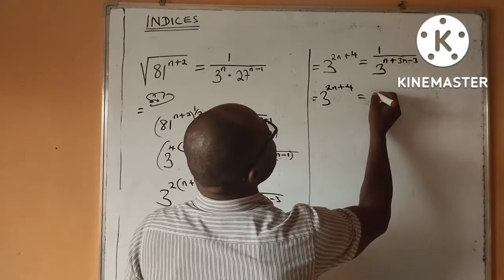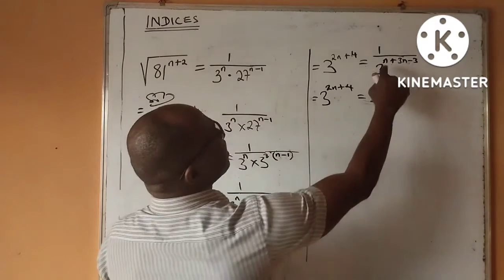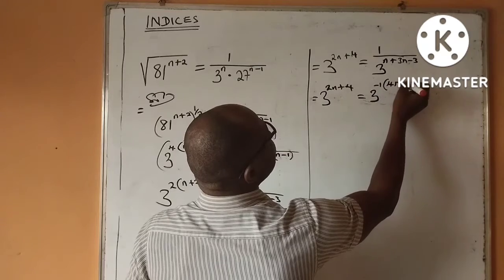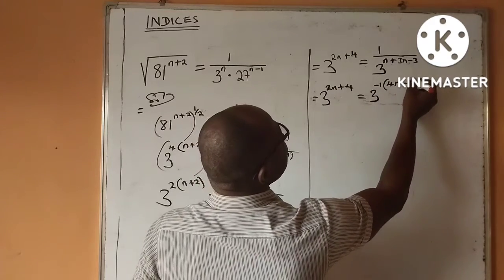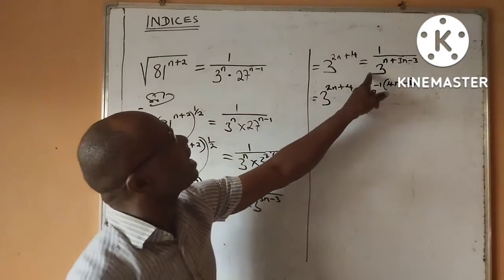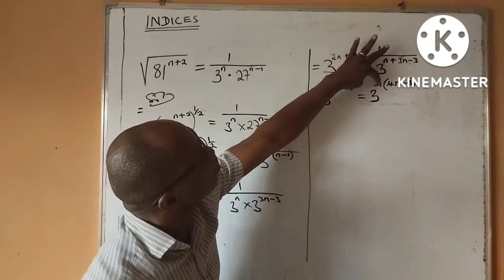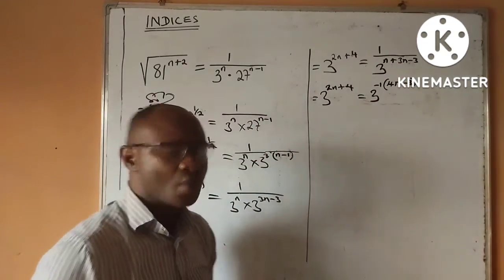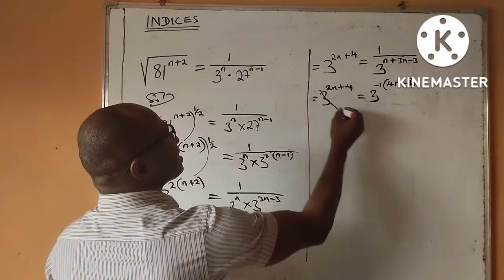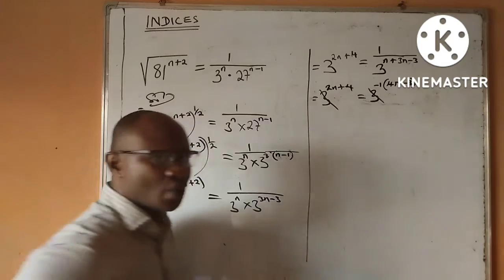So I will now have 3 raised to the power minus 1 into the bracket, n plus 3n will give me 4n, then minus 3. So what I have done there is that I have moved the denominator to the numerator, and that is why I have minus 1.